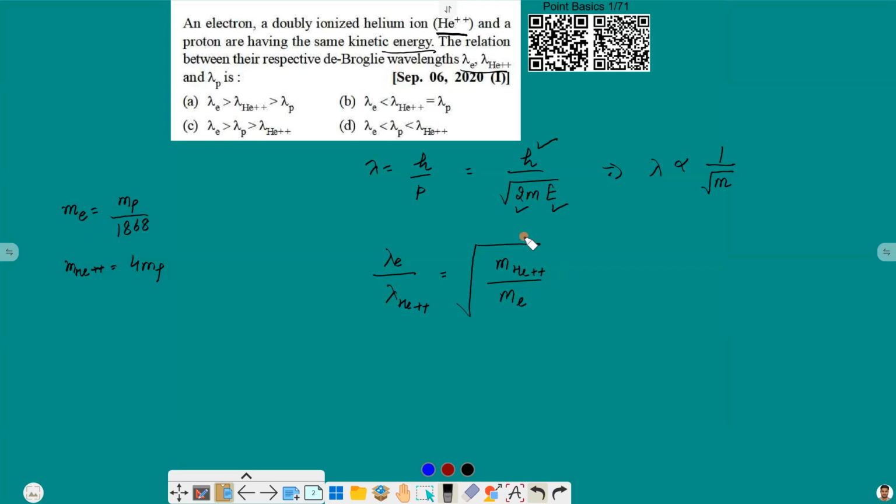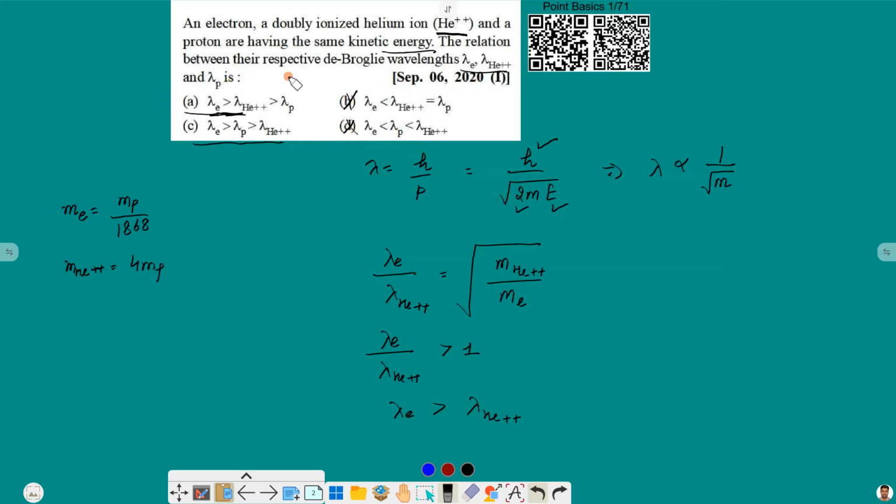So this whole number will be less than 1, and so lambda of electron divided by lambda of He positive will be greater than 1. So lambda of electron will be greater than lambda of helium positive. Option A satisfies this relation, and option C is also satisfying this relation. Options B and D do not satisfy this relation, so both of these are cancelled.